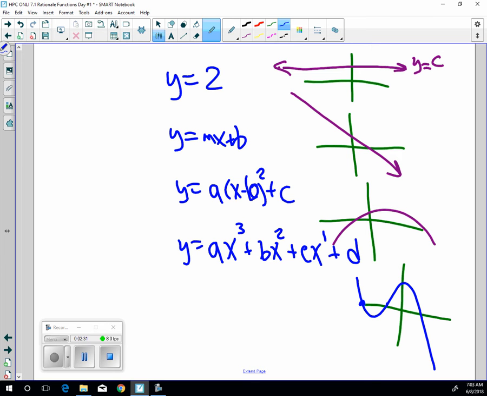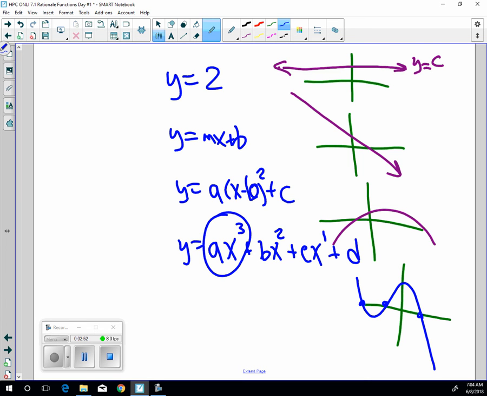And once we knew the zeros and the multiplicities, we could sketch those from our leading term. The leading term told us, in this case, it's an odd power, so one side is going up to infinity, one side is going down to negative infinity. If it was an even power, they'd both be going up or both be going down.